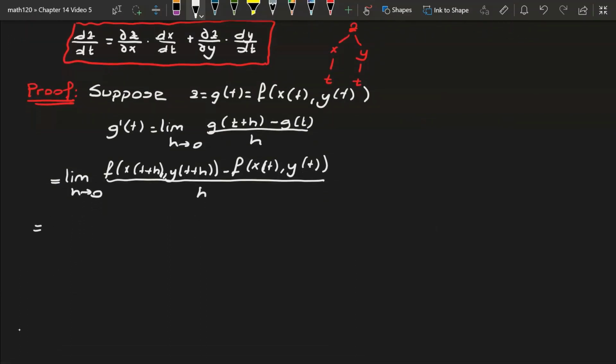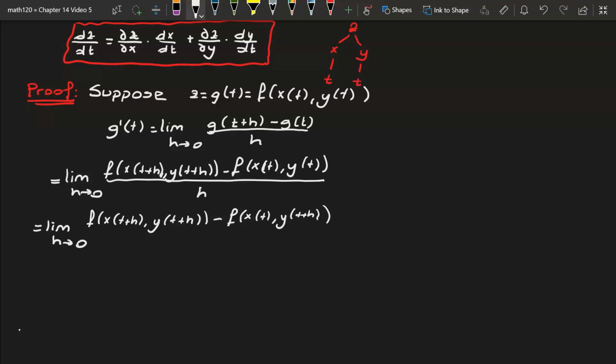Okay, and I want to show that this limit will give us the partial derivative of z with respect to x times dx over dt plus del z over del y times dy over dt. How can we show it? We need some modifications. We can write f of x of t plus h, y of t plus h, minus f of x of t, y of t plus h.